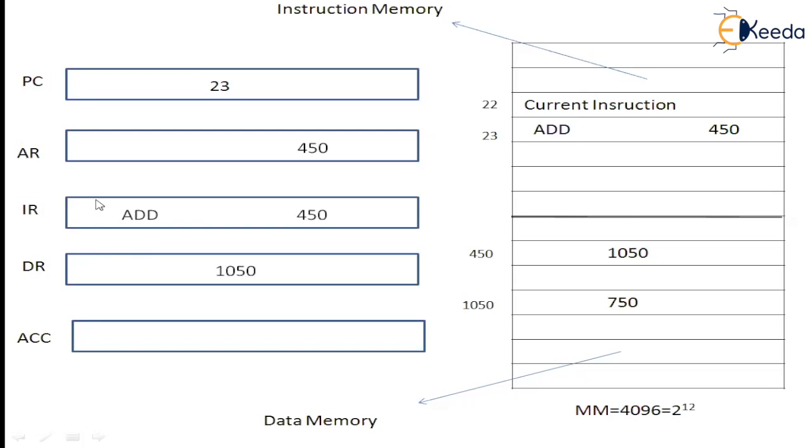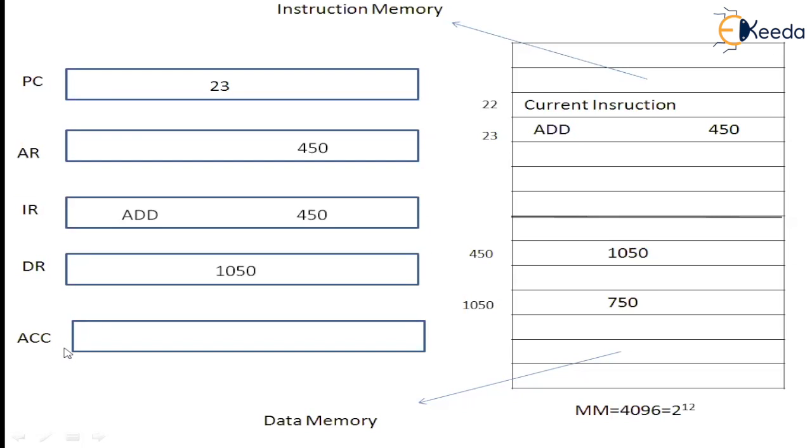So when addition has to be performed, we know that one operand is being provided by the instruction itself. The instruction is going to provide one operand, that is memory of 450, that is 1050, that is getting transferred to the address register. Sorry, that is getting transferred to the data register. Pardon. Okay. Then what is the second operand? Yeah, as I already told you, the second operand is the accumulator.